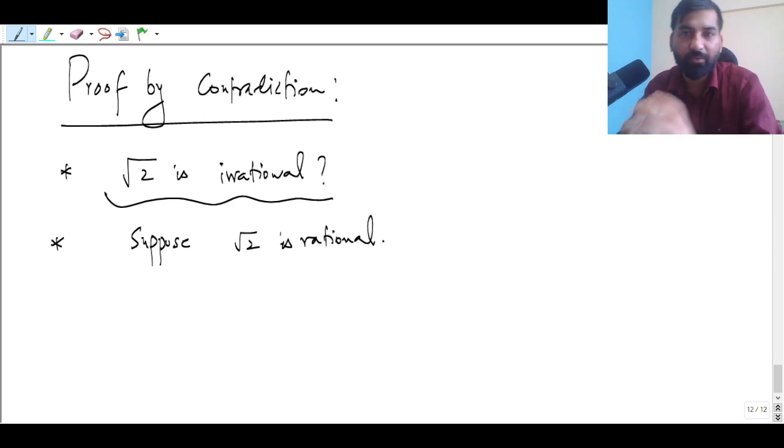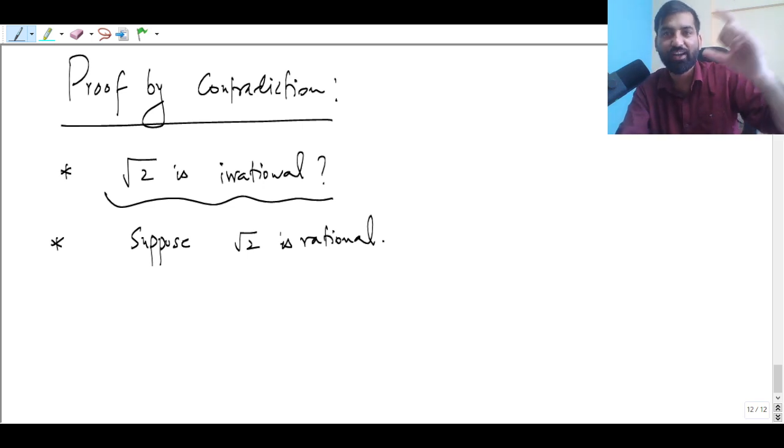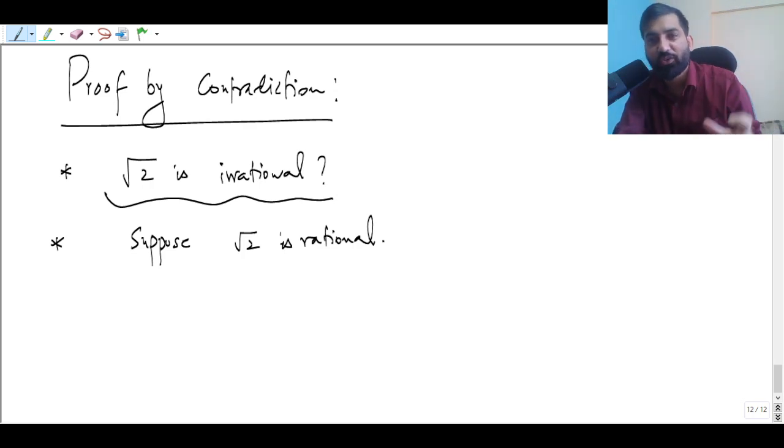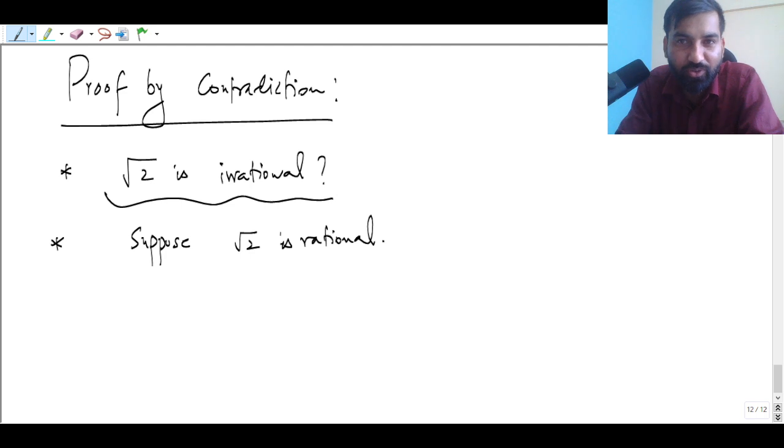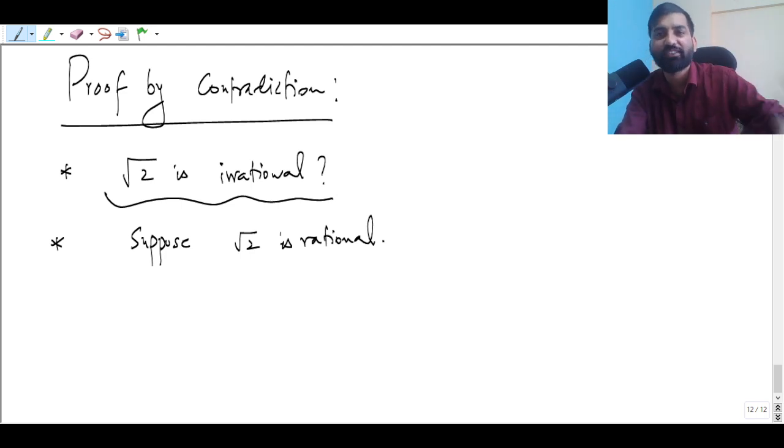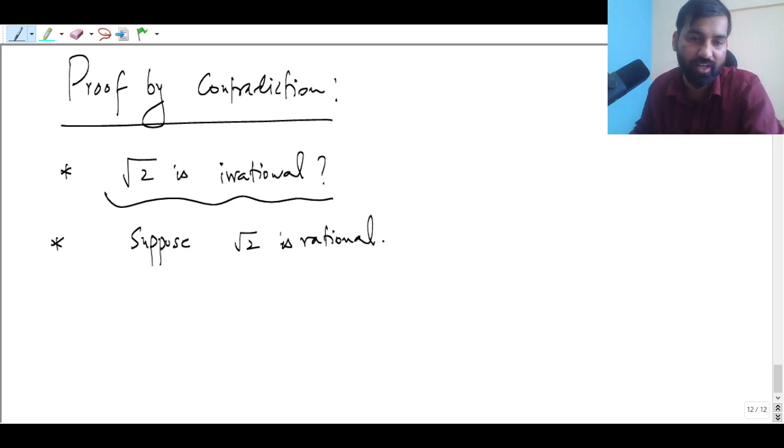If the number is a rational number, you must be able to write it in p by q format, where p and q are integers, the denominator must not be equal to 0, and they must be written in simplest form, or the standard form of the rational number. What is the meaning of standard form of the rational number? Nothing should be common; the only common factor should be 1, and no prime factor must be common.